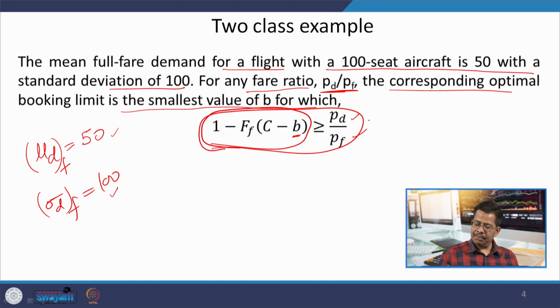Since Pd upon Pf is fixed, we know what is the discounted fare, what is the full fare.